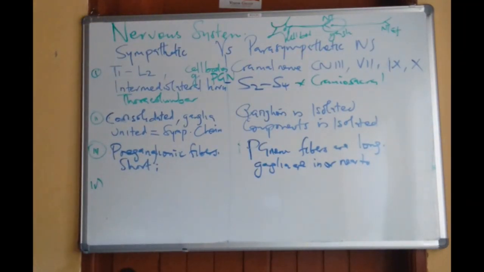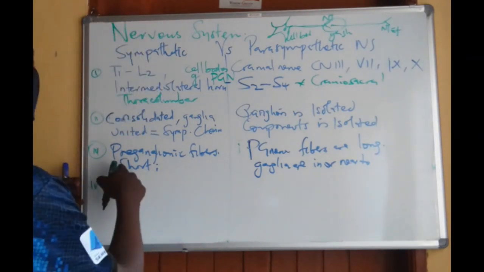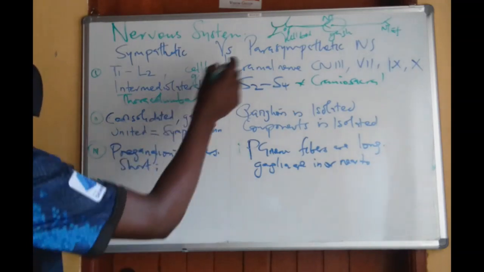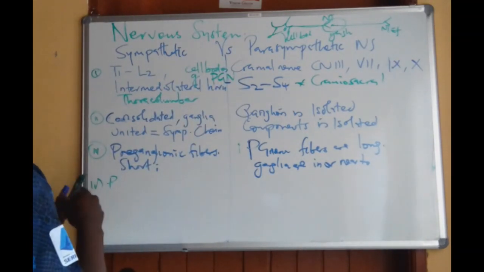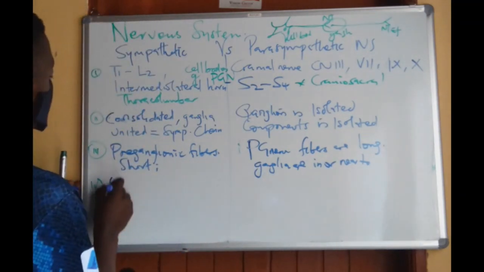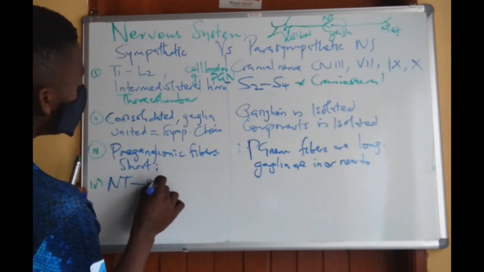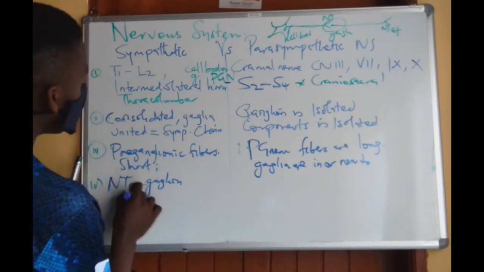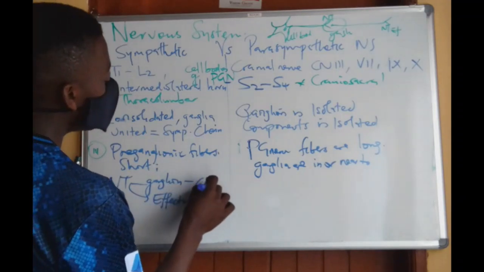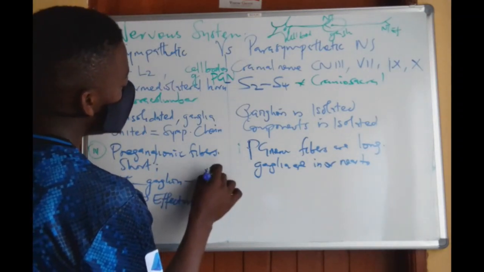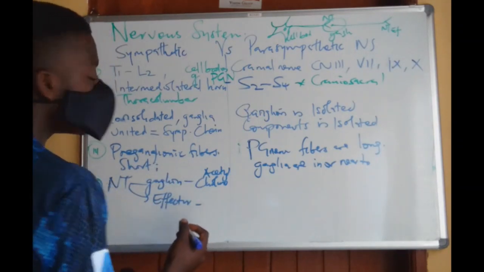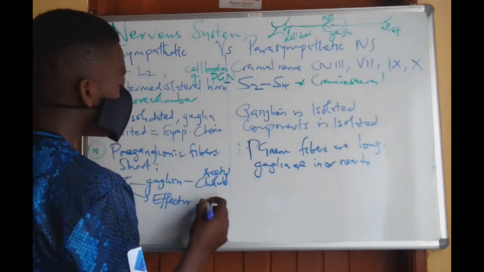We shall talk about the neurotransmitter at two levels. You have that released at the ganglion, and that released at the effector organ. That of the ganglion is always acetylcholine. That at the effector level will be mostly adrenergic.